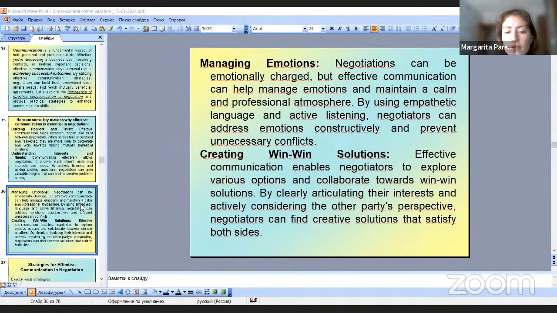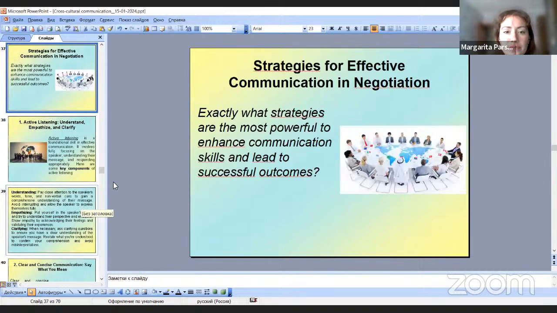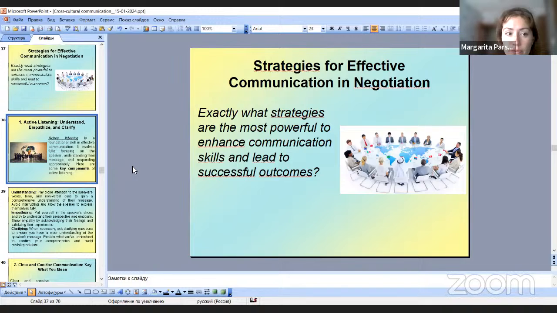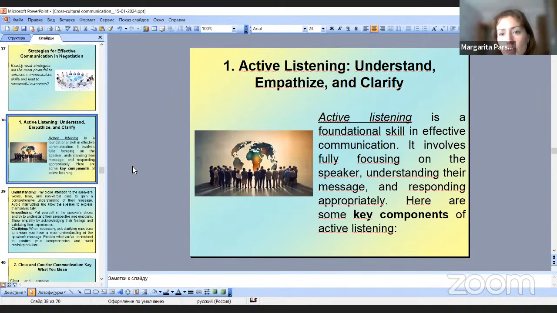Then, right, what can we say about strategies? It's the same words which were talked about already, but let's look through what strategies enhance communication skills that will lead to successful outcomes. Active listening, with talking to understand, empathize, clarify.